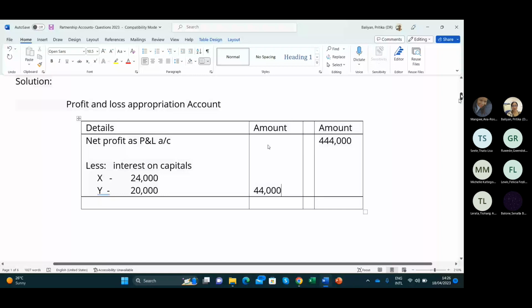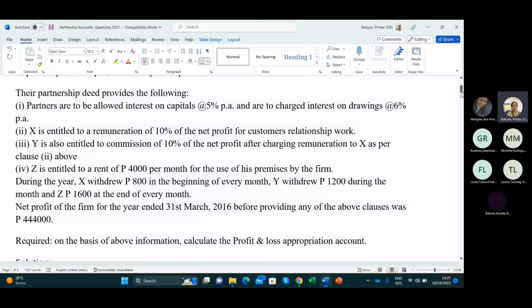Then X is entitled to a remuneration of 10% of the net profit for customers' relationship work.